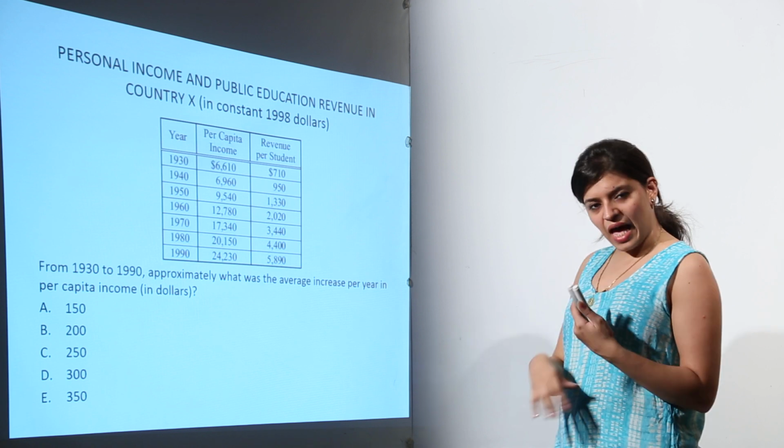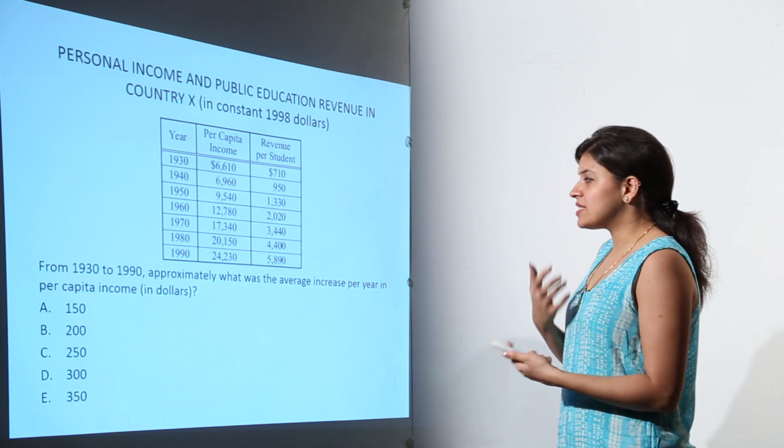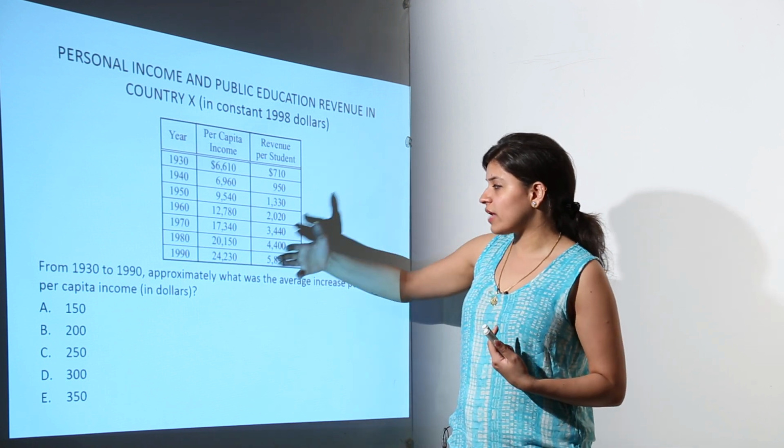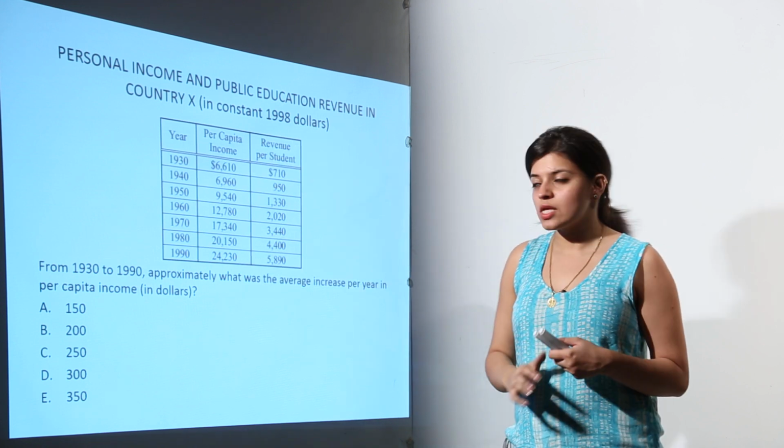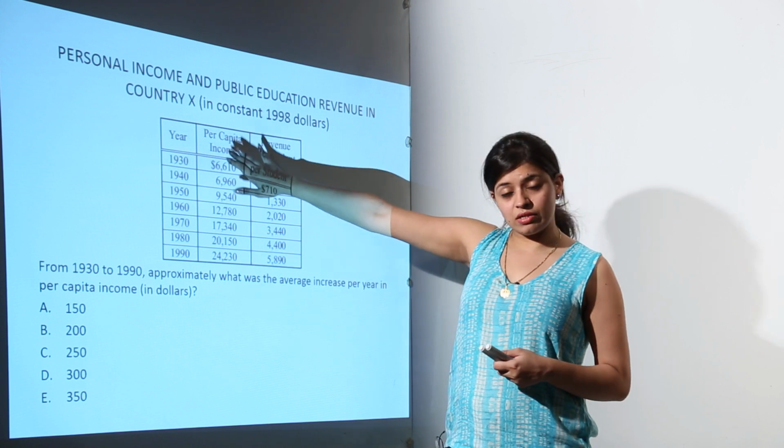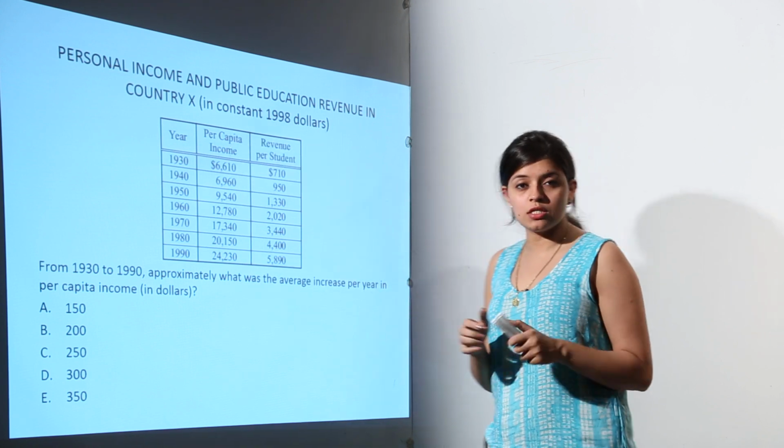Now, if we have to find the average increase per year, we will subtract the per capita income of 1930 from 1990 and we will divide it by the number of years. From 1930 to 1990, we have a span of 60 years.